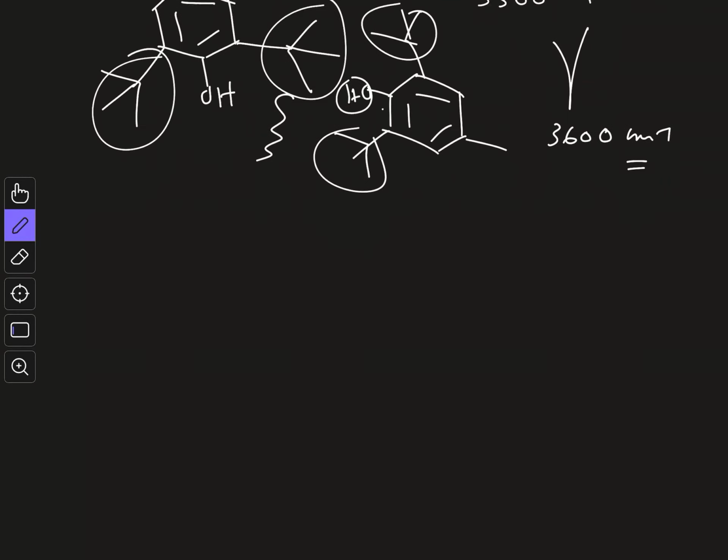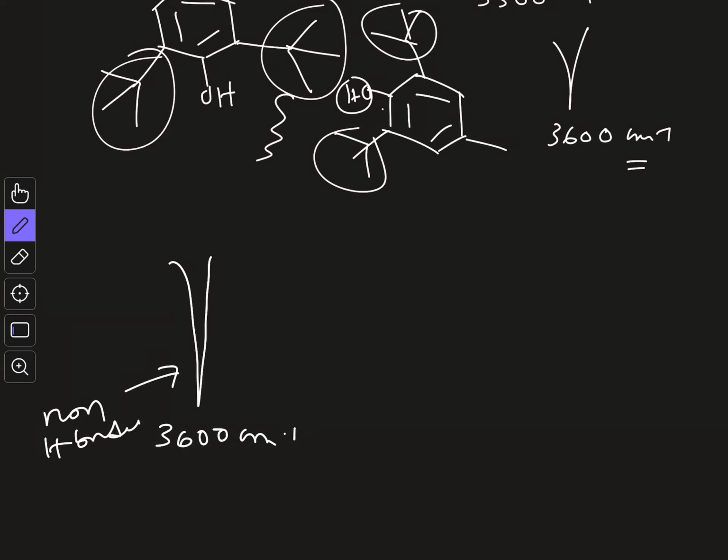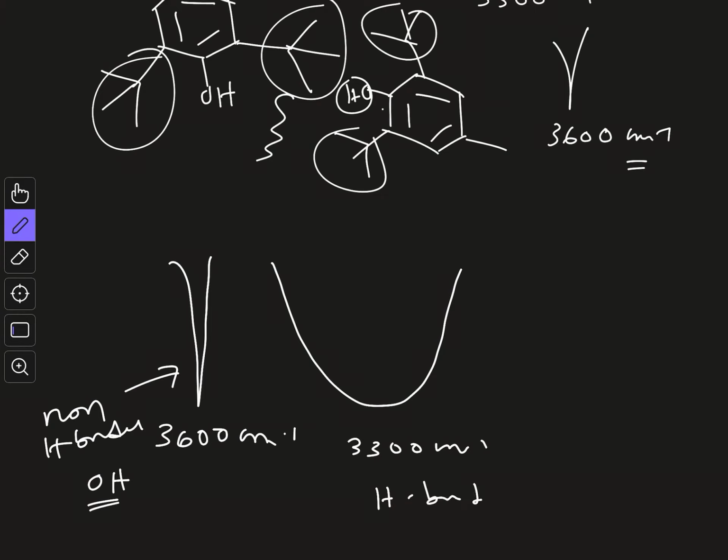Now we can summarize the XH region by a very nice picture. This is the 3600 centimeter inverse region. This is for the non hydrogen bonded OH, and for hydrogen bonded OH you will have a broad peak like this, which is at around 3300 centimeter inverse. For NH group you will have a peak at around here. For NH2 group you will have two peaks like this.